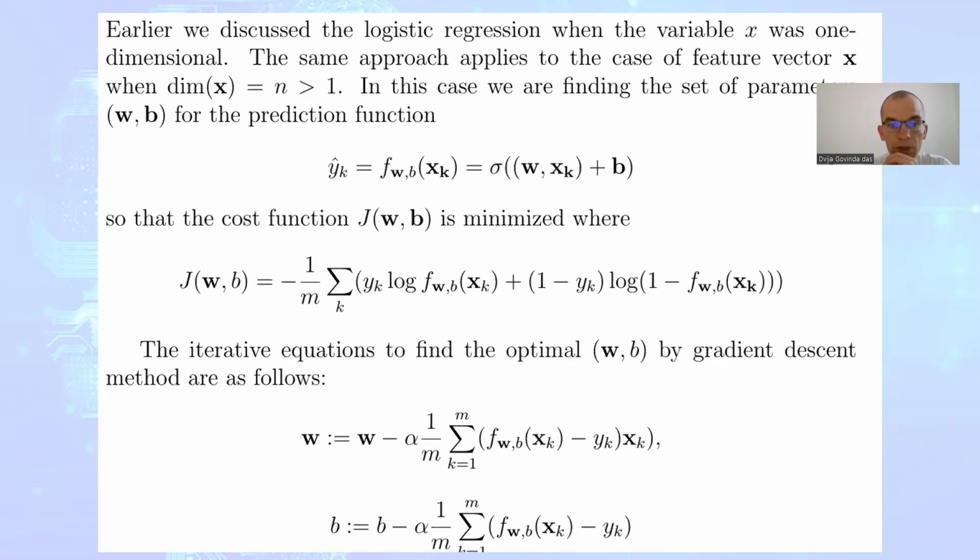And we can obtain the iterative equations to find the optimal vector of weight coefficients W and bias B. These are at the bottom part of this slide.